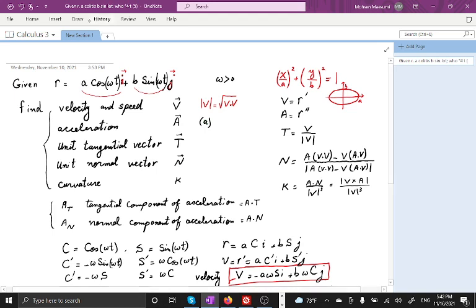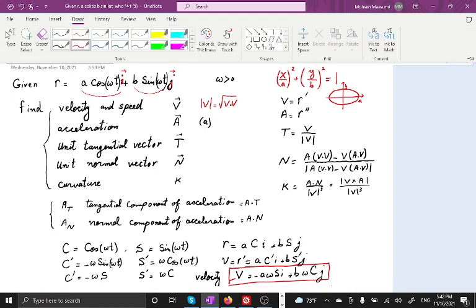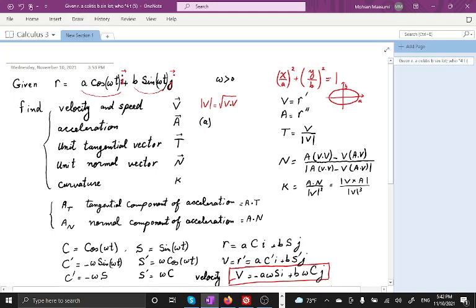So let's remember, what was the tangent vector? Tangent vector, well, it's tangent to your trajectory. It's of length 1. How about normal vector? So normal vector is perpendicular to the tangent vector. It's also of length 1.